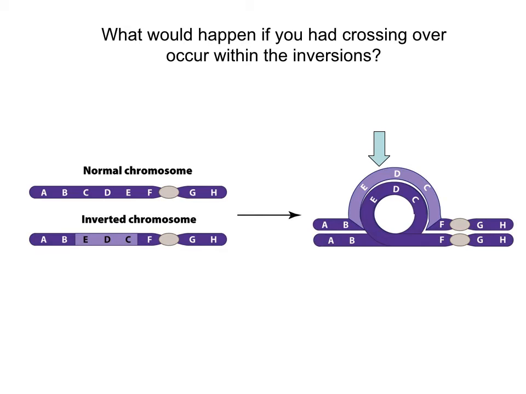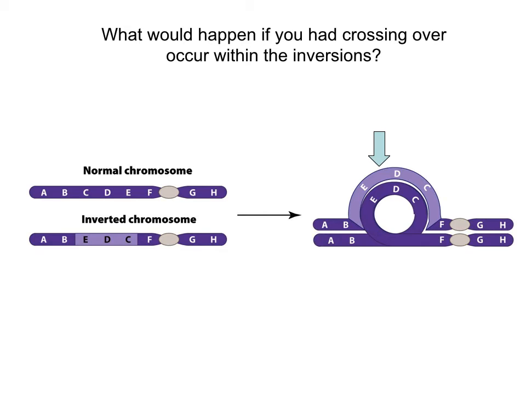Likewise, and no centromere. Likewise, if you start from the right end with that inverted chromosome, the H of the inverted chromosome, you're going to have H, G, centromere, F, C, D, E, F, centromere, G, H.